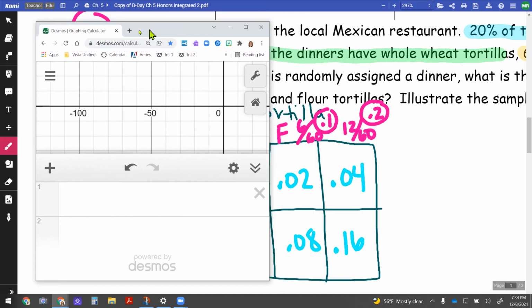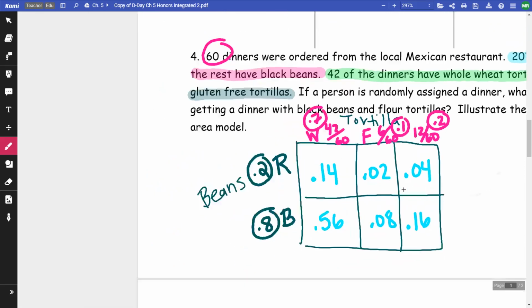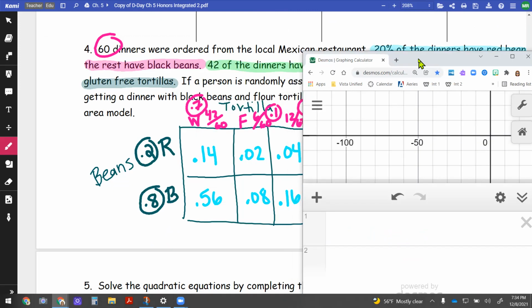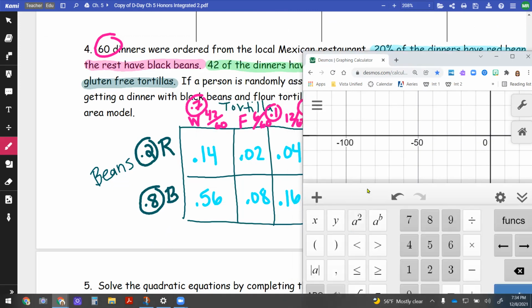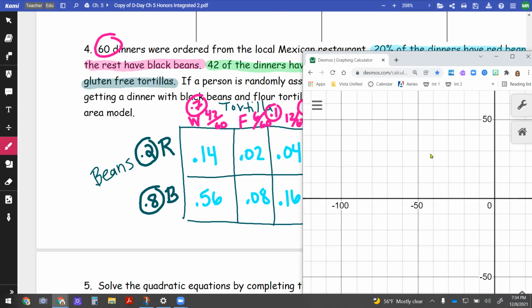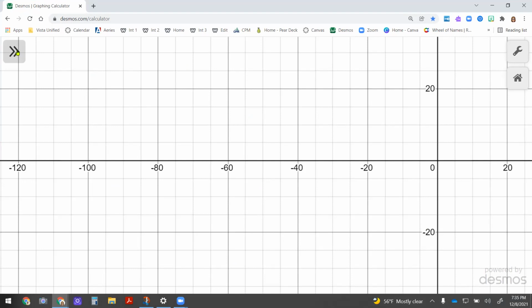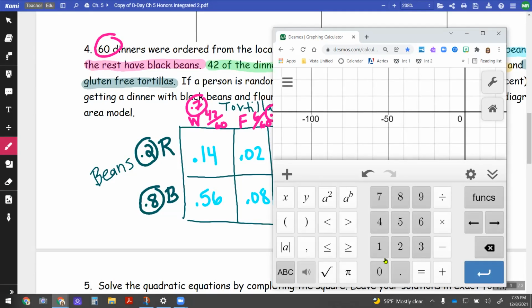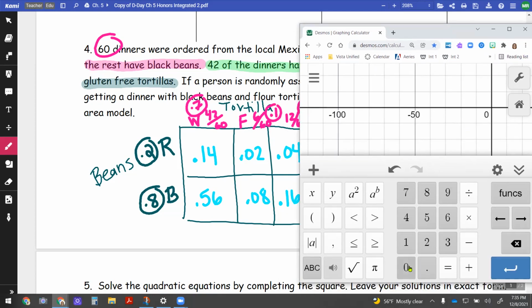Okay, so 0.14 plus 0.02 plus 0.04 plus 0.56 plus 0.08 plus 0.16.